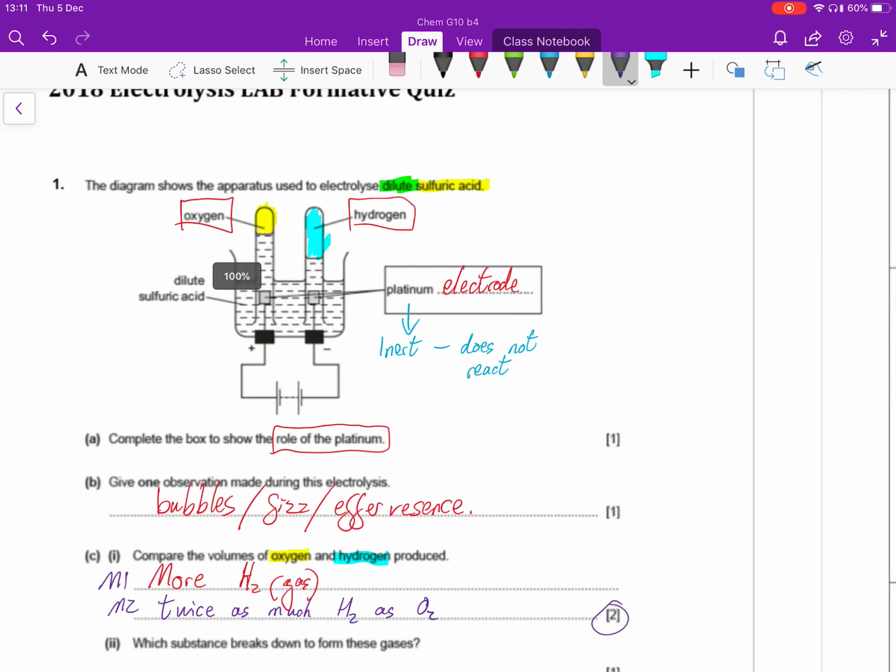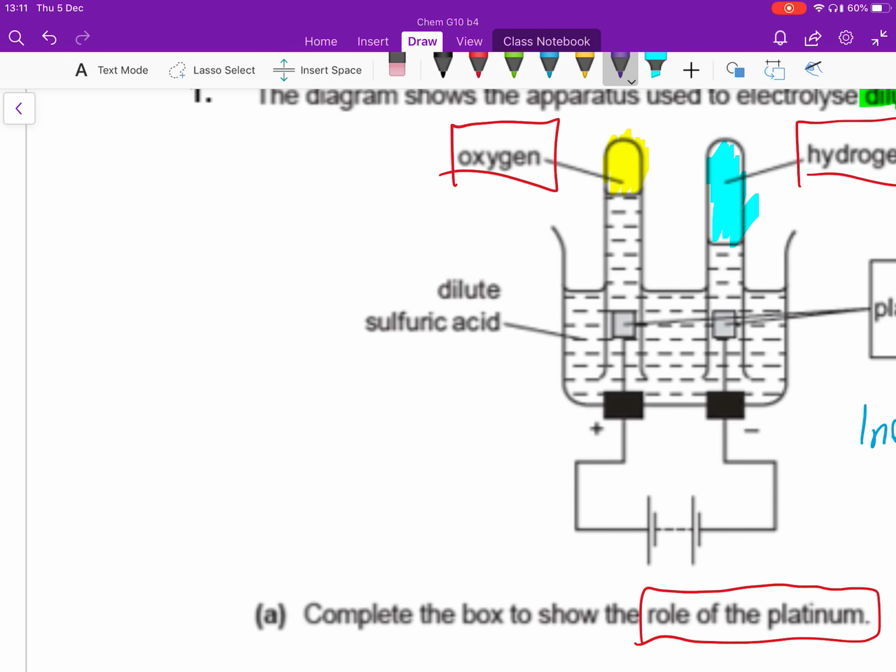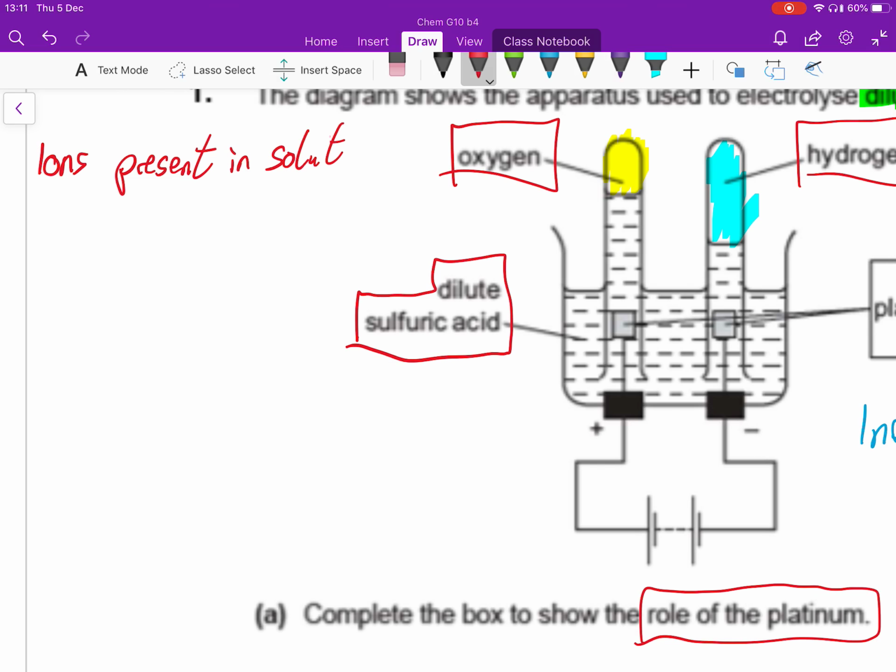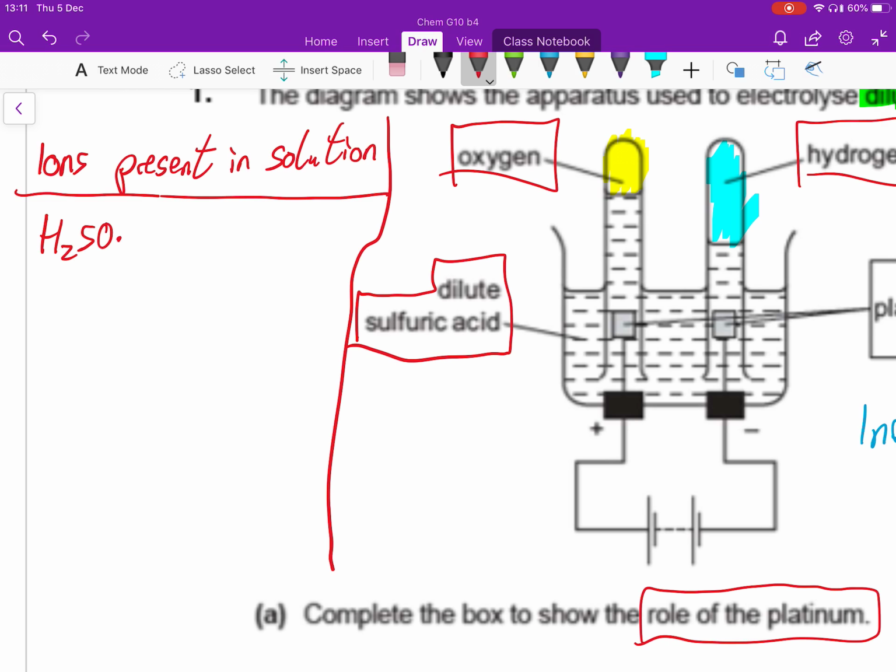The next question, which substance breaks down to form these gases? Now, to answer this question, I'm going to go into a little bit more detail about what is happening. So we have some dilute sulfuric acid. So the ions present in the solution are the following. We have sulfuric acid, so we have H2SO4.